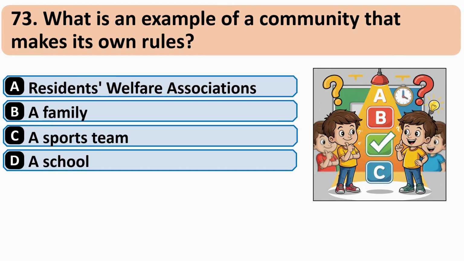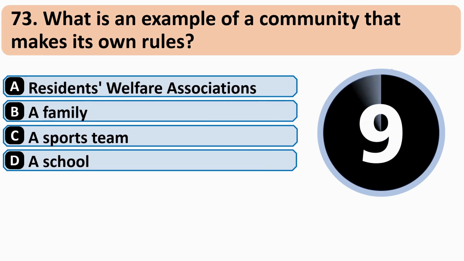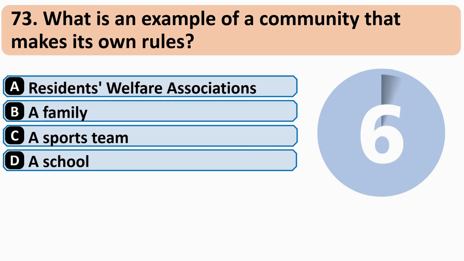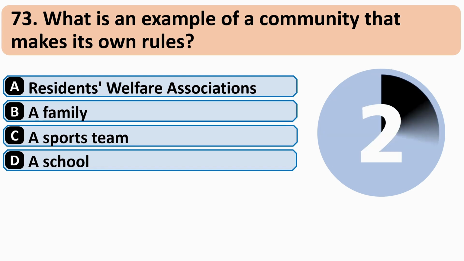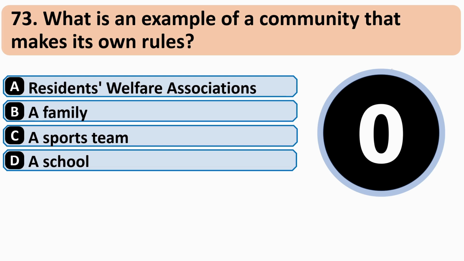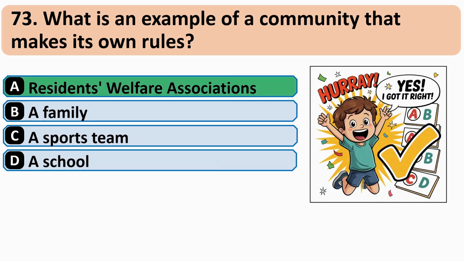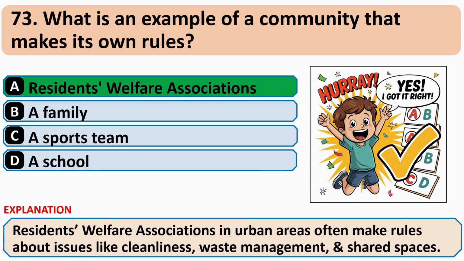What is an example of a community that makes its own rules? And correct answer is A, Residents Welfare Association.